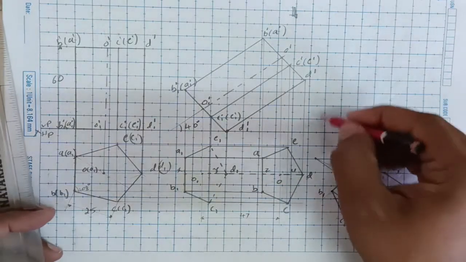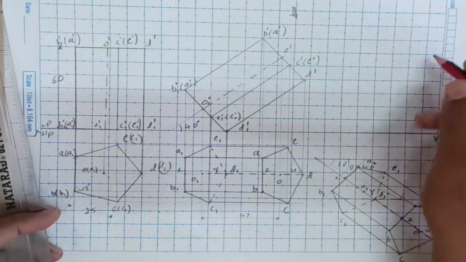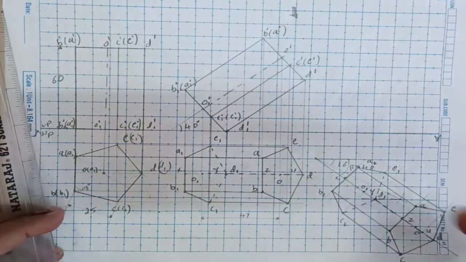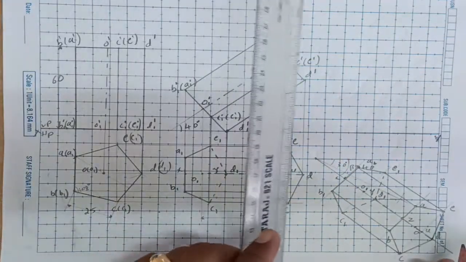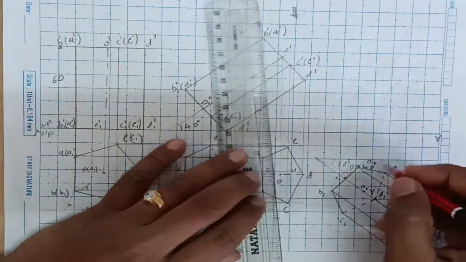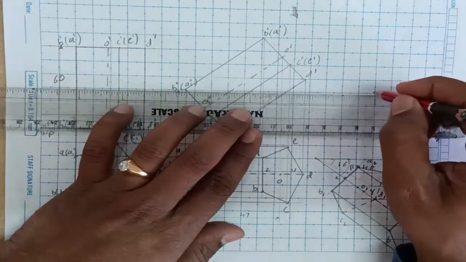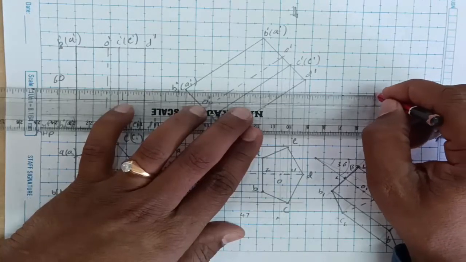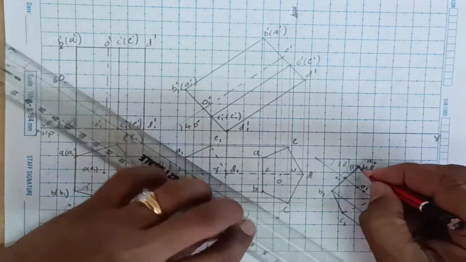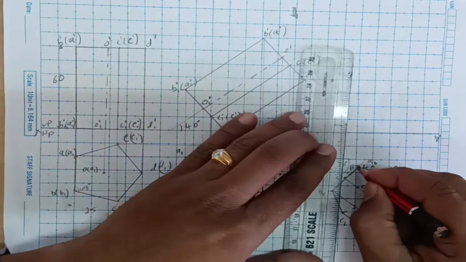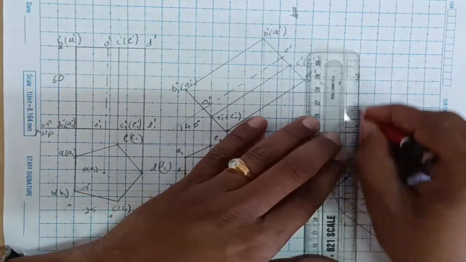Same thing here also, we need to identify all the 5 points, top and bottom, and then we will identify visible and hidden edges. You can start from the bottom here. First is A1 is here, A1 dash is on this line. You draw horizontal projections from this A1 dash, and now you join it here, A1 and to A1 dash.